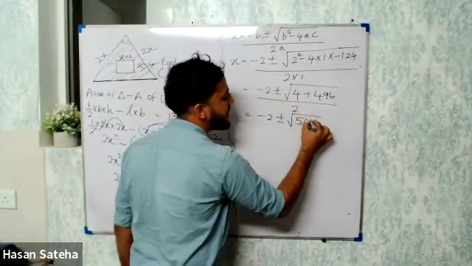So minus 2 plus or minus, now inside the square root, 100 into 5, divide by 2. Now you know the square root of 100. What is the square root of 100, anyone?